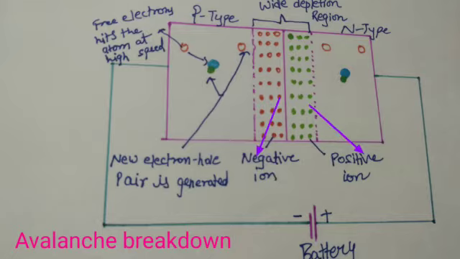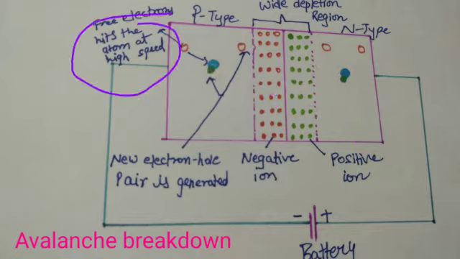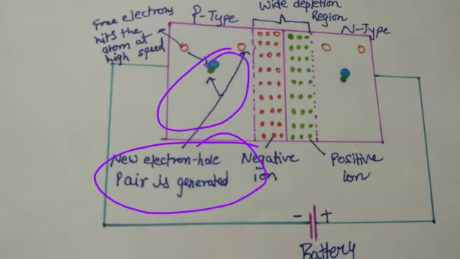The free electrons moving at high speed will collide with the atoms and knock off more electrons, as you can see in the figure. These electrons are again accelerated and collide with other atoms. Because of this continuous collision with the atoms, a large number of free electrons are generated. As a result, electric current in the diode increases rapidly.